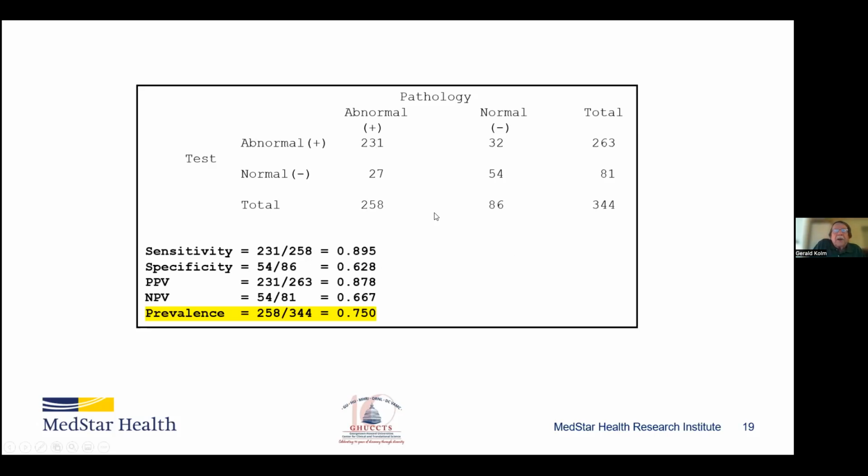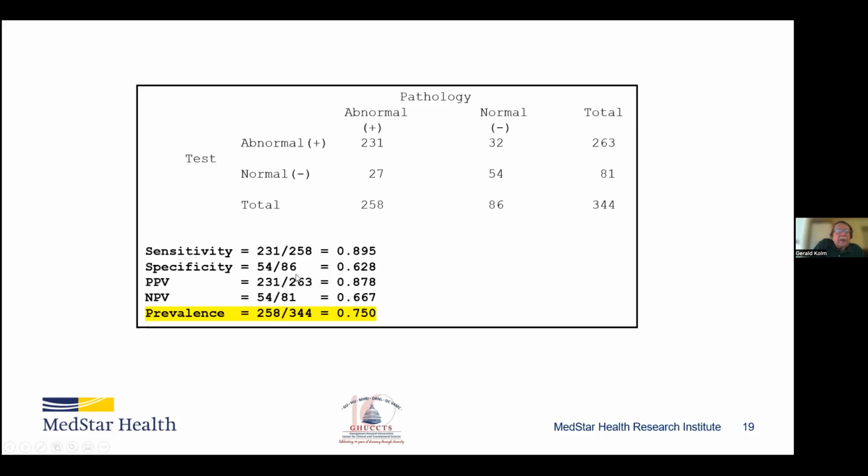Our specificity, on the other hand, is the number that are normal and have a normal test, divided by the number of people that don't have the disease, that are normal from the perspective of their pathology. So that's 54 divided by 86, and our specificity is about 0.63.